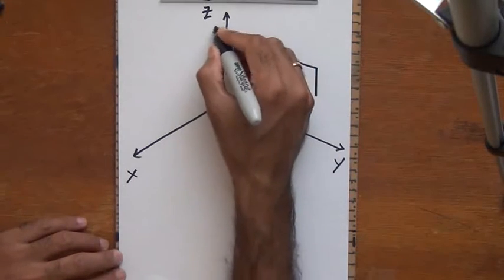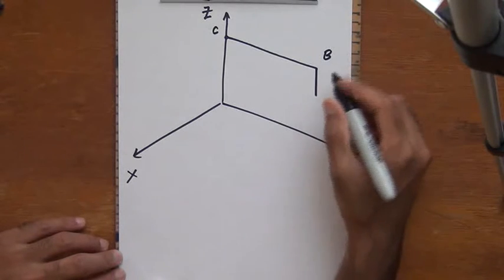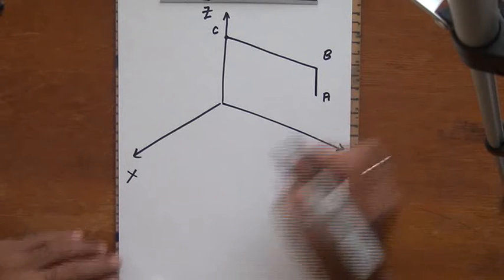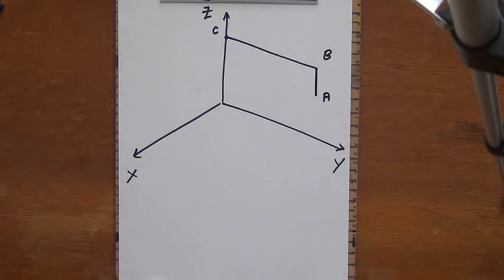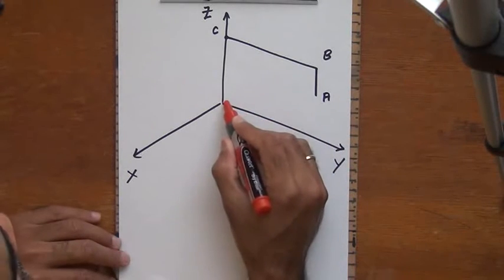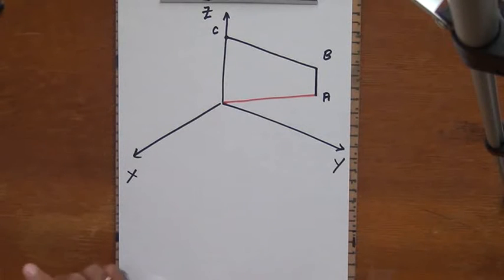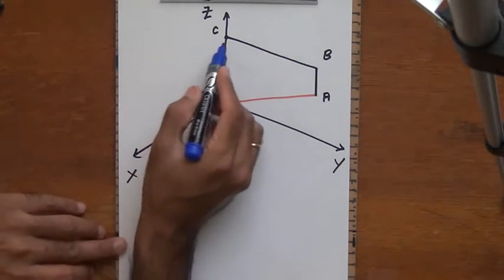So this is the point C, this is the point B, which is not very important to us right now, and then I have the point A. I have a line joining the point A and the origin, which we drew in red before, so I'm just going to redraw that once again in red. And then I'm going to look at a line which is joining the point C and the point A. This is going to be drawn in the blue color, as you will see here.